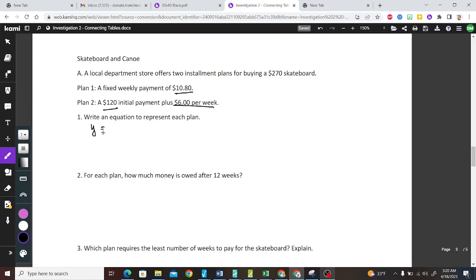Then we start off at $270, and we subtract $10.80 each week. That's plan 1. Plan 2, we start off at $270, but we decrease that by $120, because that's an initial payment. And then we again remove $6 each week. So this plan would probably be better written as $150 minus 6x.